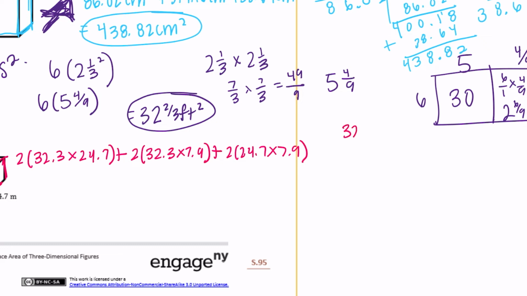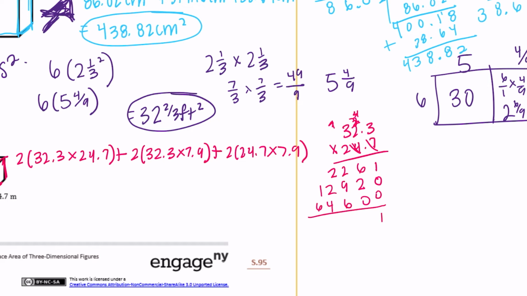So 32 and 3/10 times 24 and 7/10. Four times 3 is 12. 4 times 2 is 8, plus 1 is 9. 4 times 3 is 12. 2 zeros. On to the 2. 2 times 3 is 6. 2 times 2 is 4. 2 times 3 is 6. 2 plus 9 is 11. Plus 6 would be 17.